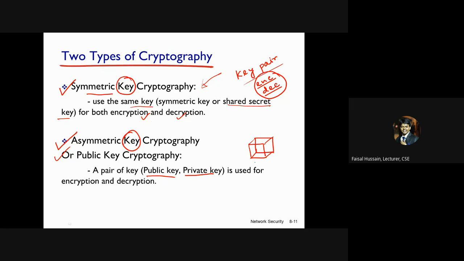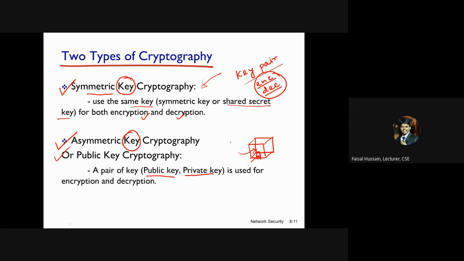We always give the example of Facebook, so this is easy. There is one key used to insert the message. As a user, you write some message and put it in the box using this public key, which is available to all.